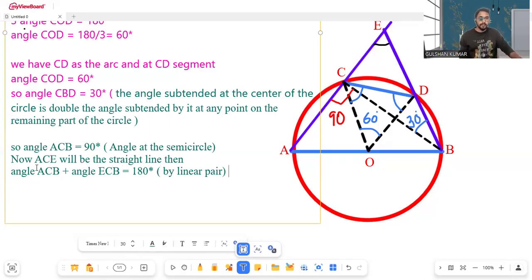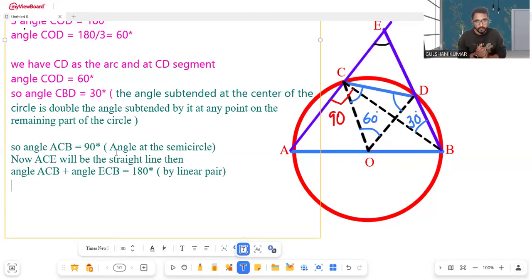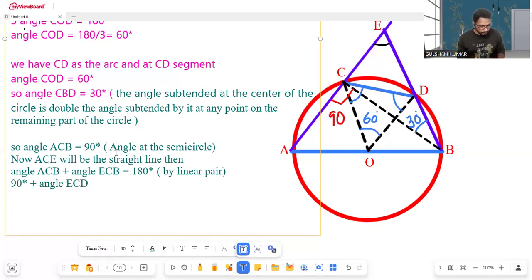As we know, for a straight line, the angle between two rays is 180 degrees. So angle ACB, which is 90 degrees, plus angle ECB equals 180 degrees. Then angle ECB will be 180 degrees minus 90 degrees, so this will be 90 degrees.